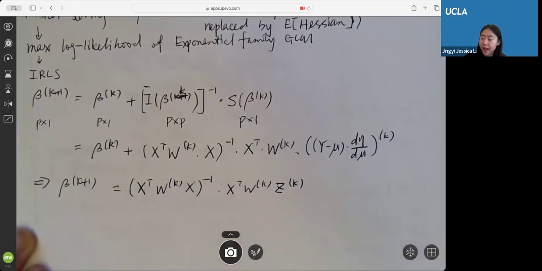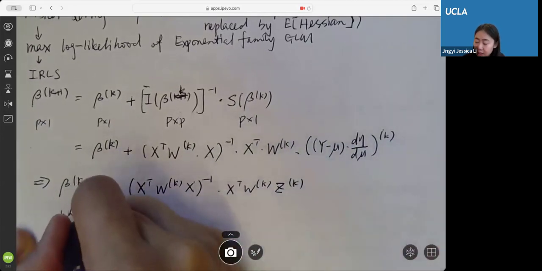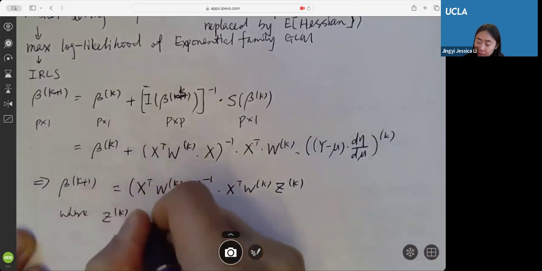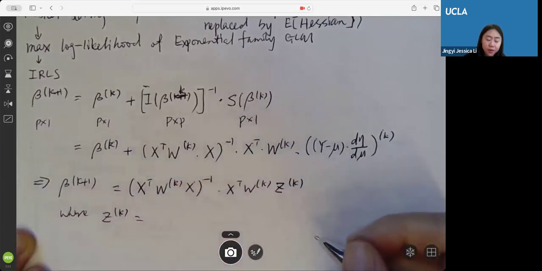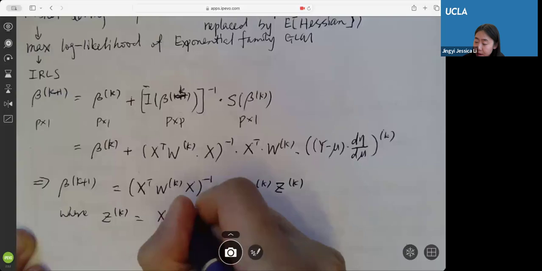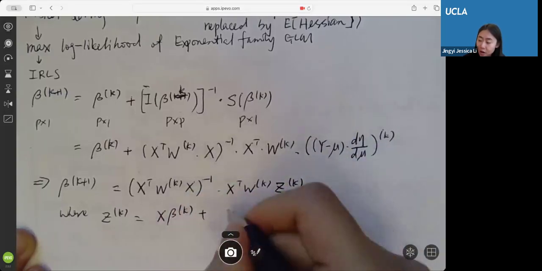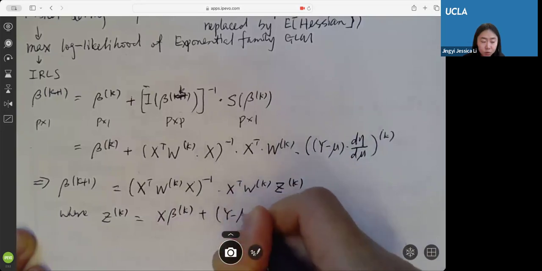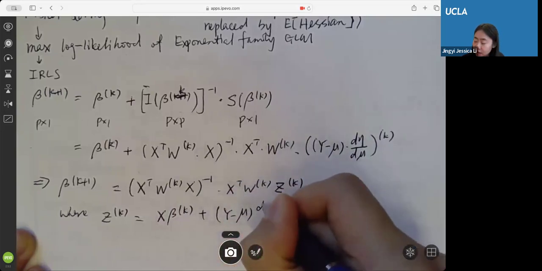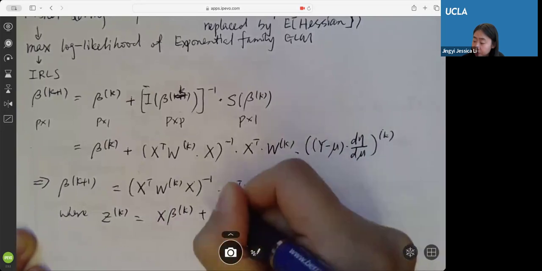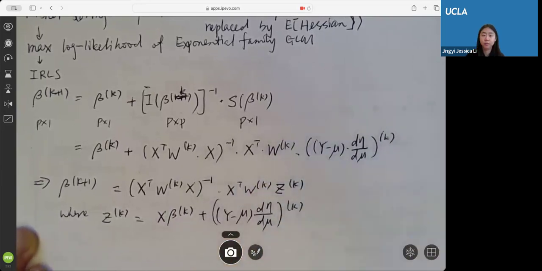It's a vector. And here z_k is essentially defined as X times beta k plus this thing, y minus mu times d eta d mu at the kth value.